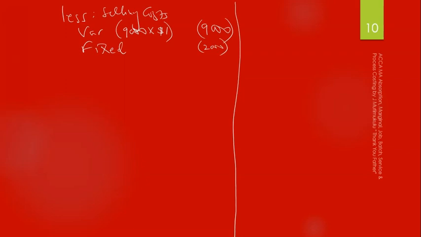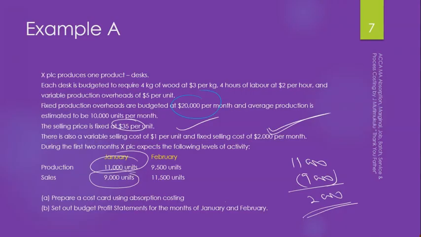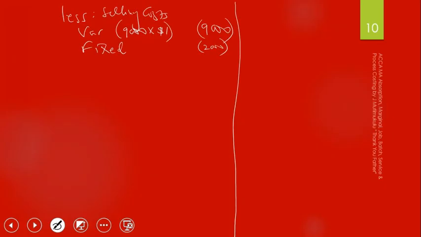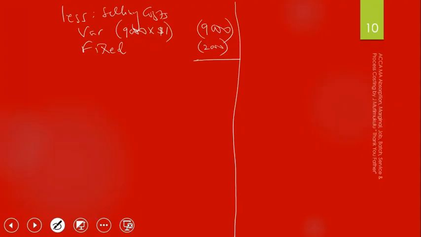All right, and we then have to consider if there are any other expenses to worry about. If there are no other expenses to worry about, we then have to get to our net profit. So we are saying 74,000 minus 9,000 minus 2,000, and we get the actual net profit.